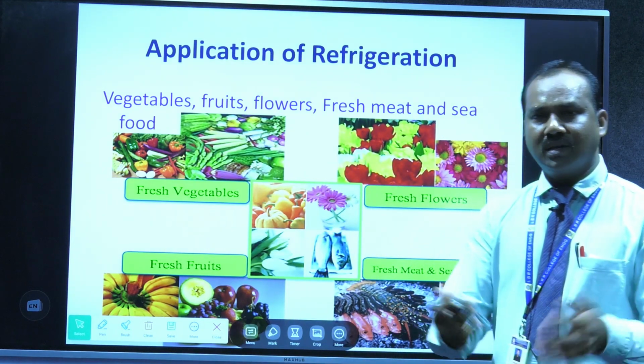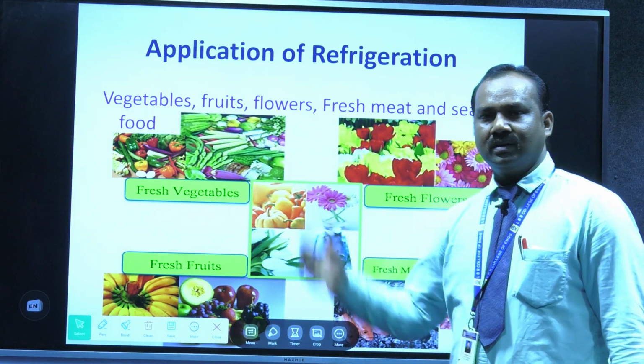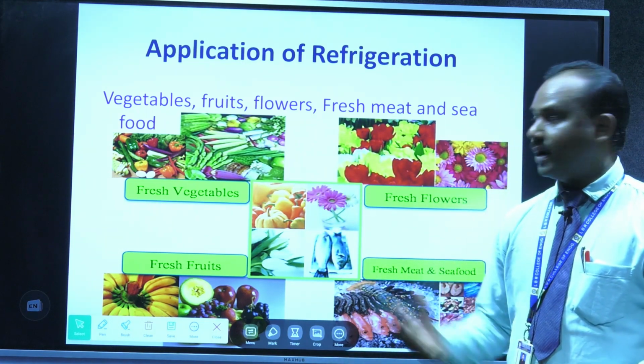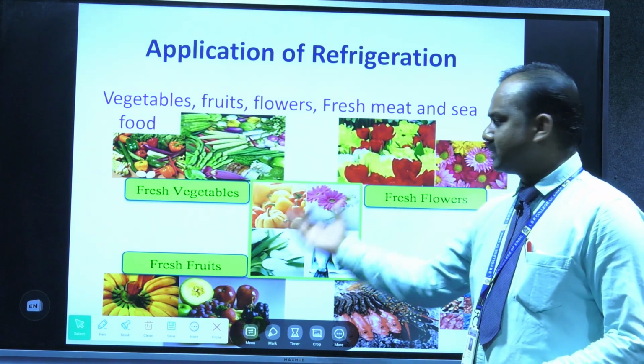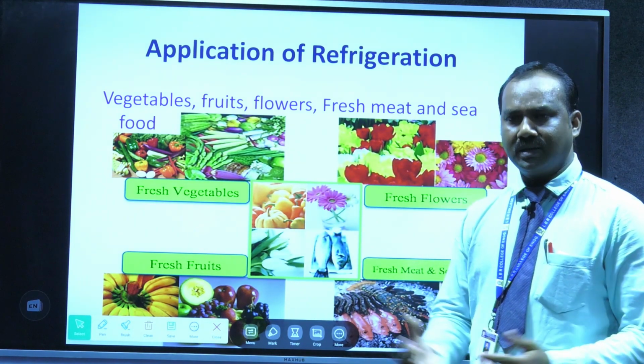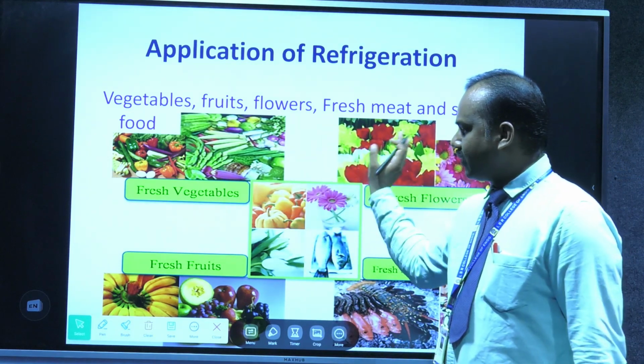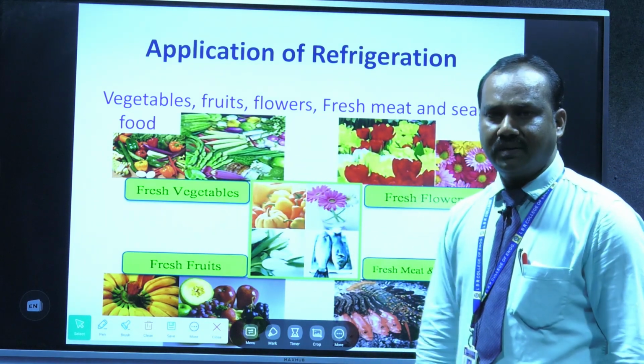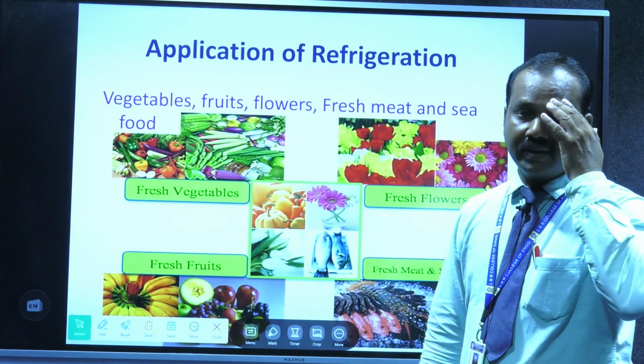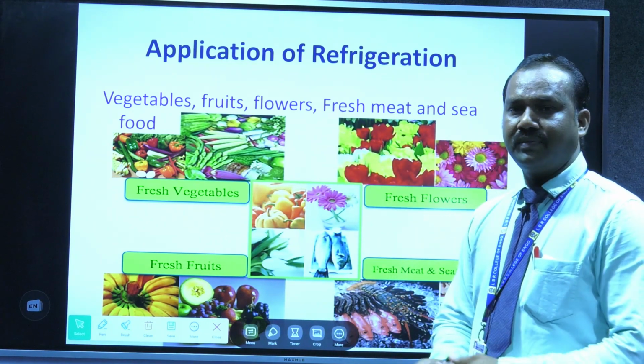But beyond 3 or 4 days, they start spoiling. Damage of vegetables, flowers, fruits occurs because of bacteria and viruses present in the atmosphere. If the same vegetables, flowers, fruits are kept in a refrigerator, they are not contaminated by the bacteria. So that is the purpose of refrigeration.